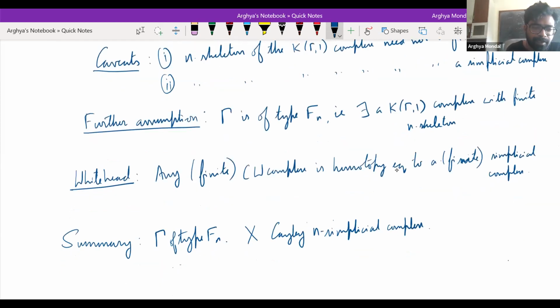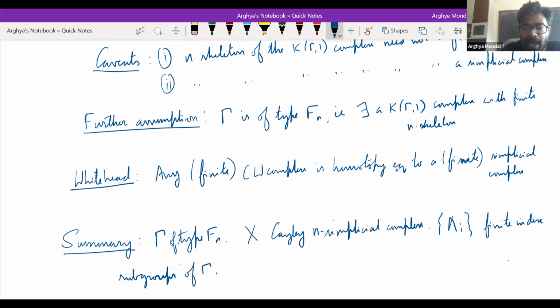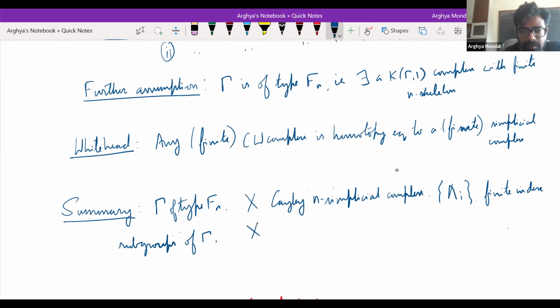So in summary, if I have a group of type F n and I look at its Cayley n simplicial complex, and suppose again let's assume its finiteness, and so I look at a family of finite index subgroups, gamma i, and I look at X mod gamma i.